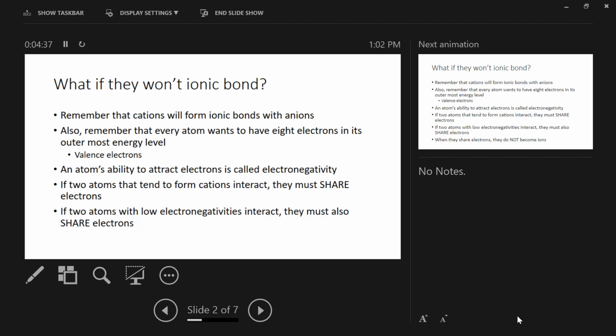You lose electrons. And if you're losing electrons, do you have a great ability to attract electrons to yourself? No, you have a great ability to repel electrons from you. Does that make sense?